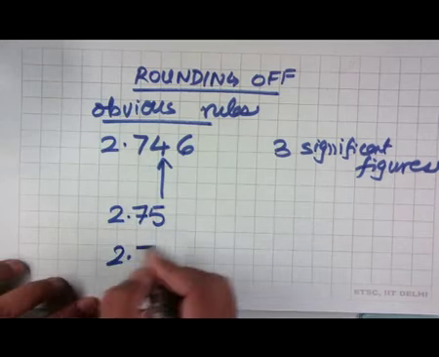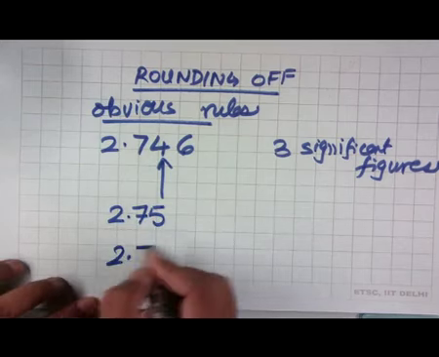So, now the rules, if we formalize them: the preceding digit is raised by 1 if the digit to be dropped is bigger than 5, and this is left unchanged if the digit to be dropped is less than 5.